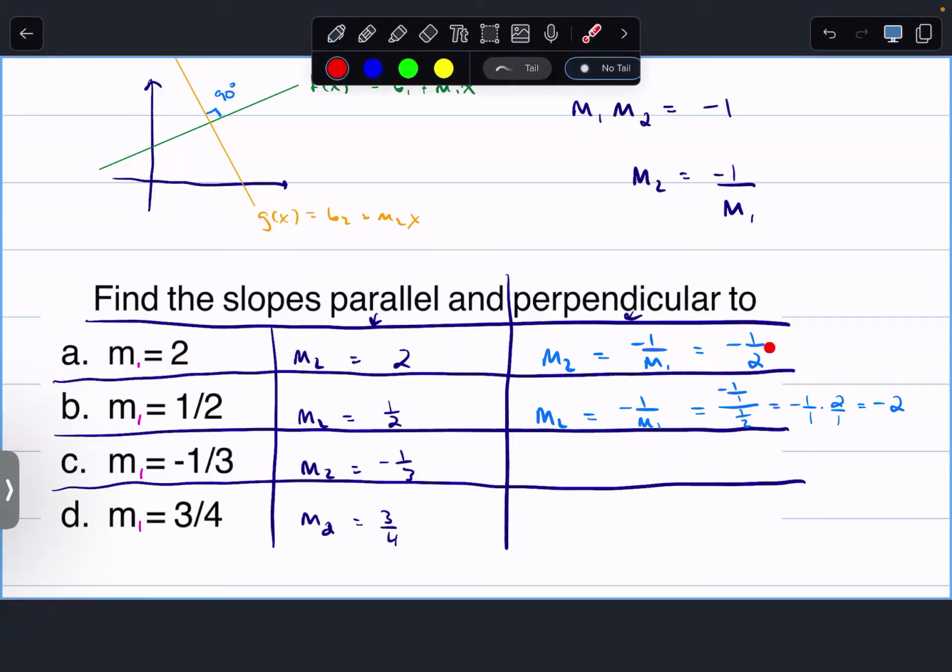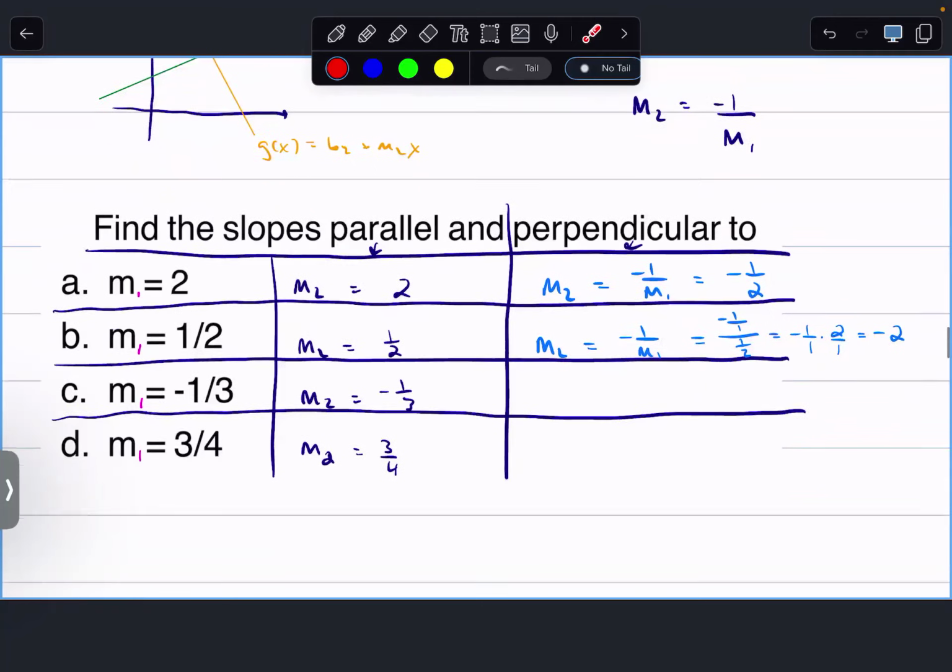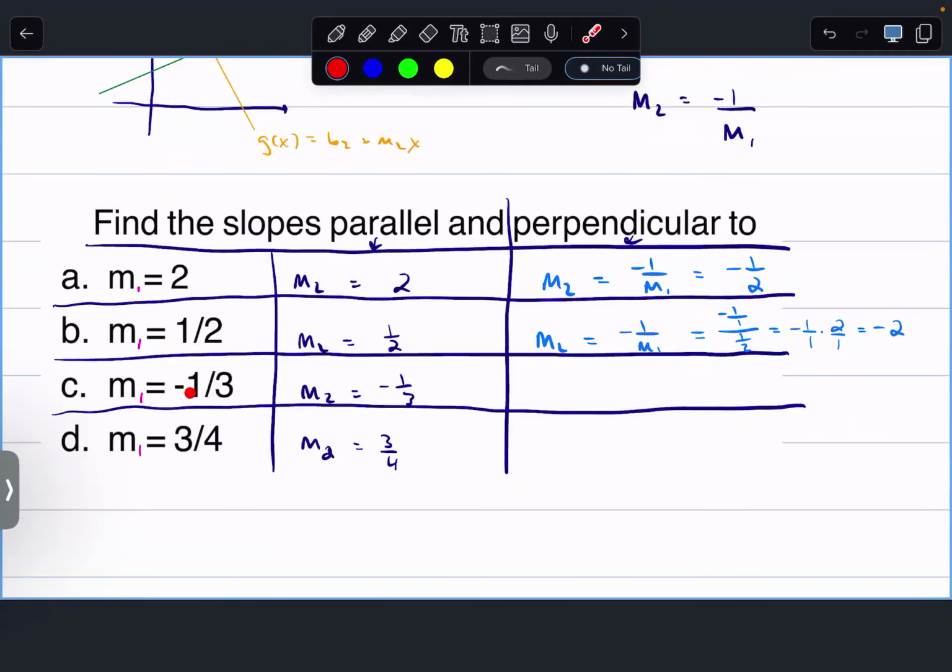Looking at these relationships of the first and second set of lines, I could be convinced that if the original slope was 2, then the perpendicular slope is -1/2. If the first slope was 1/2, the second slope is -2. It's kind of a similar relationship there. What if we have a slope of -1 over 3?